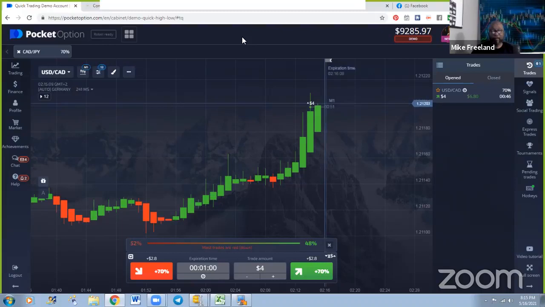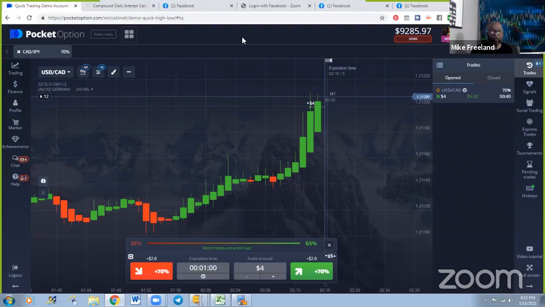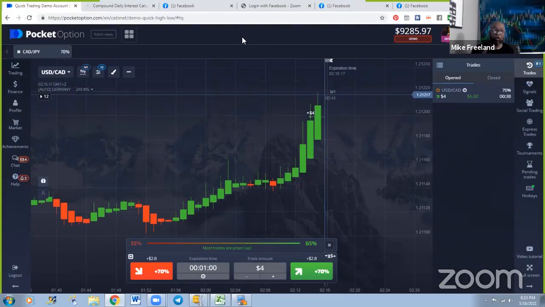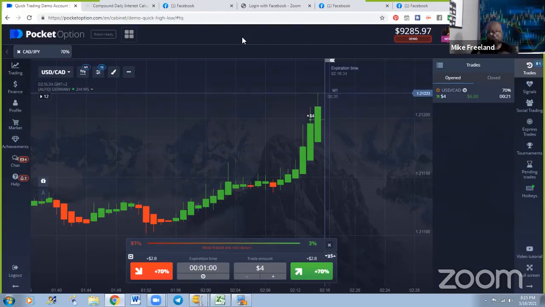Now, another cool thing, guys: don't try to get super, super rich in one day. Go with the flow. As you see, this looks like this may be a win. Go with the flow of that compounding daily interest chart that I shared with you. Don't jump in and shoot way up first. Let it build, get familiar with how it works.